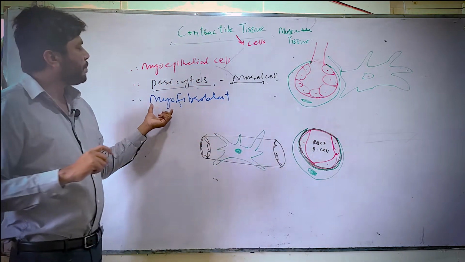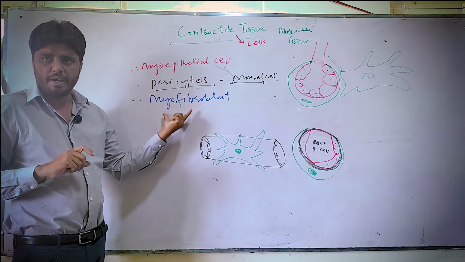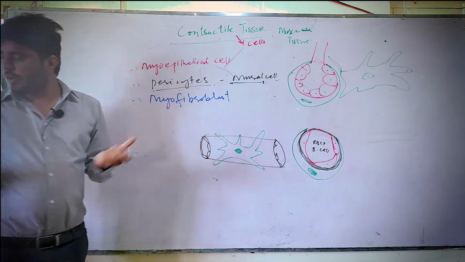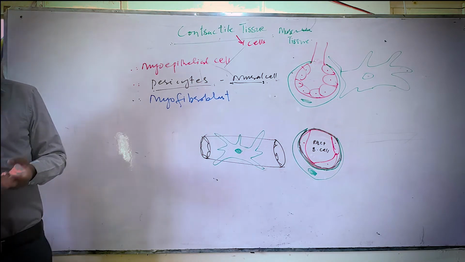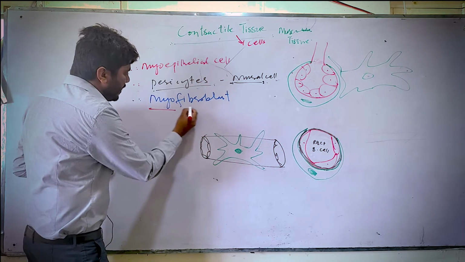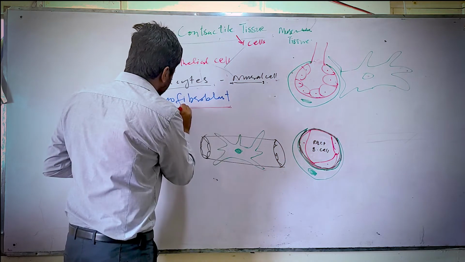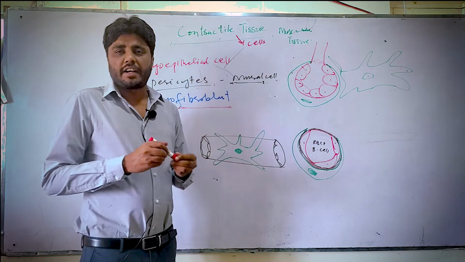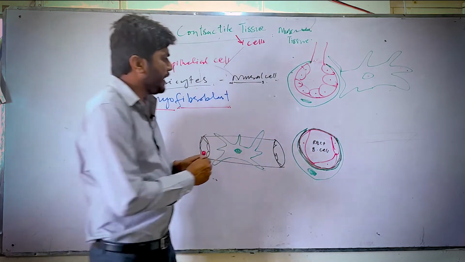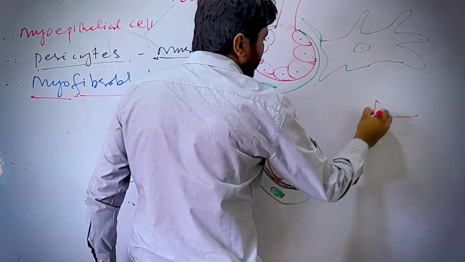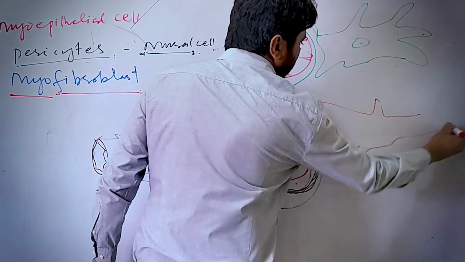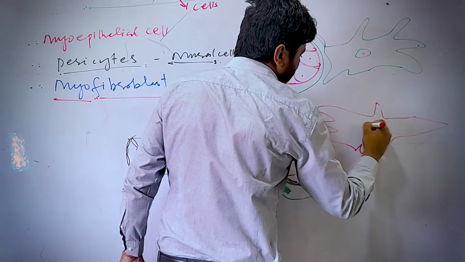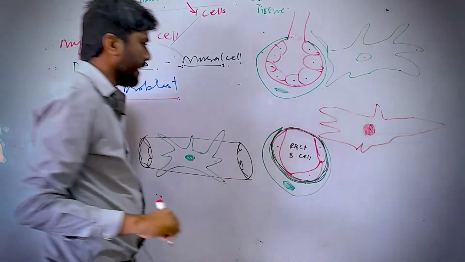If you move on, myofibroblast. From the name, this is very clear: myo means muscle, fibroblast means connective tissue cell. It's believed that in the connective tissue, a cell with a fibroblast-like structure may have some projections and some contractile proteins or contractile filaments, as in other cells.